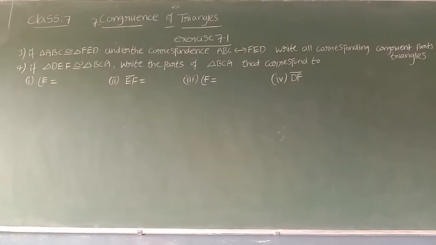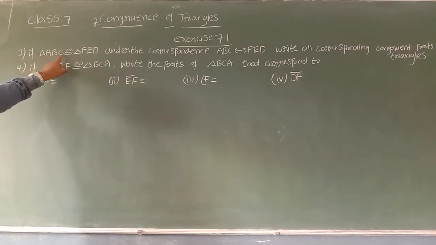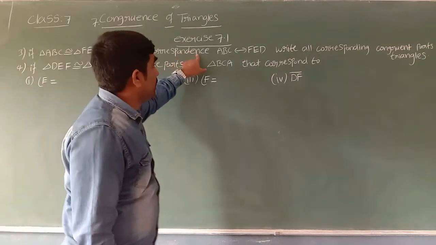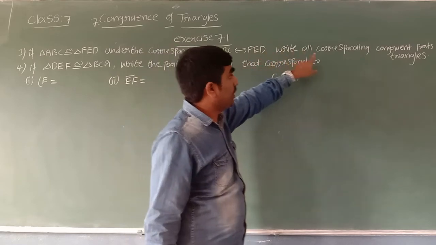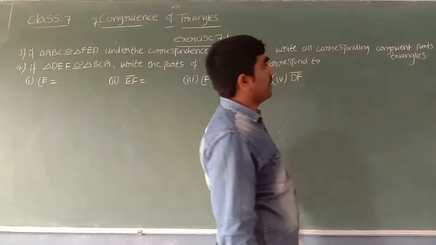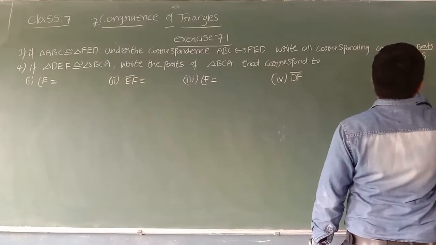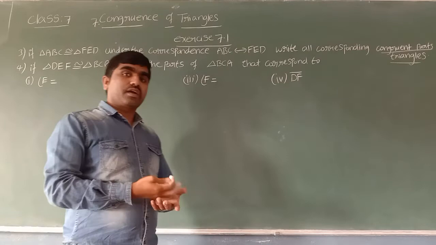Yes, children, let's see some exercise problems based on congruence. From exercise 7.1, here we have the third one. If triangle ABC is congruent to triangle FED under the correspondence ABC if and only if FED, write all corresponding congruent parts of the triangles. Which parts are congruent when two triangles are congruent?